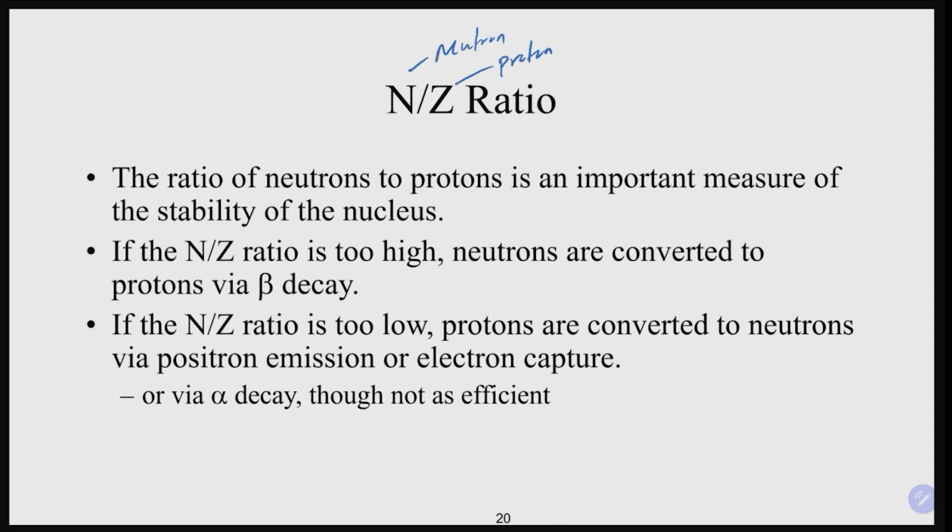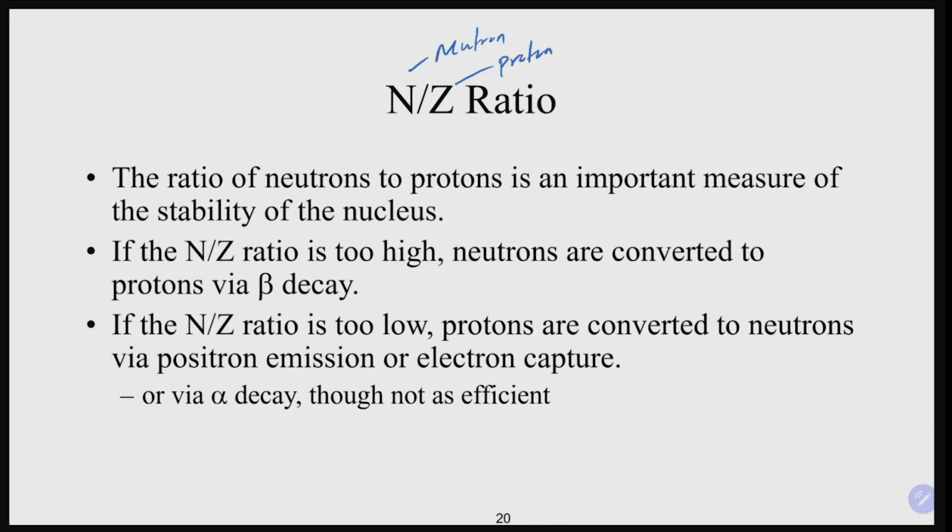The ratio of neutrons to protons is an important aspect of stability. There is an acceptable ratio of neutrons to protons, which we'll look at in just a second. But if we fall too high from that accepted ratio, the nuclide will be really unstable.